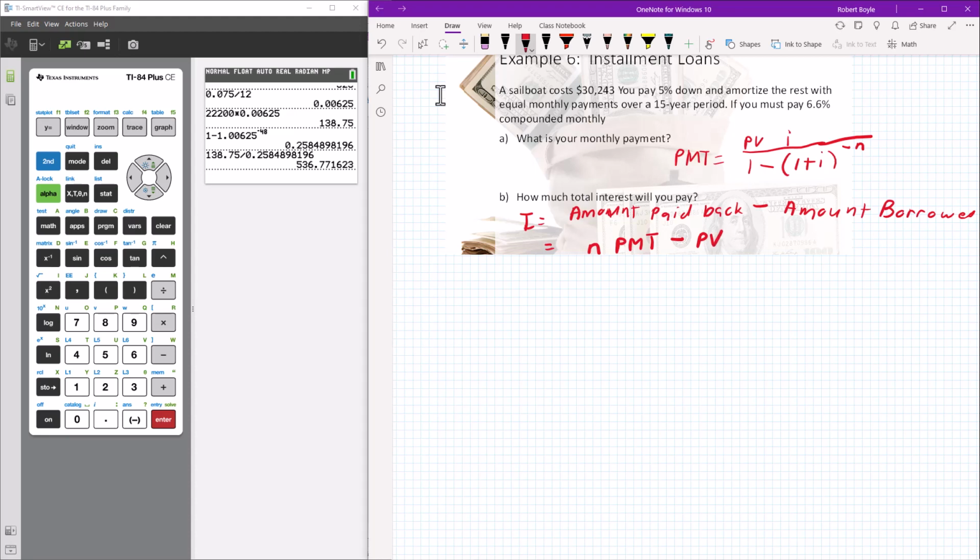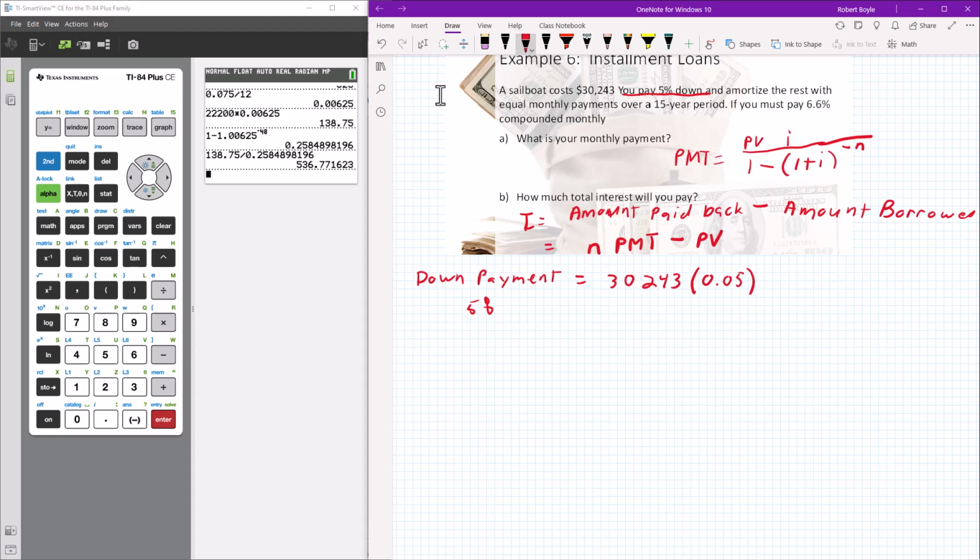All right, so before we can do A, we actually need to figure out what the present value of our loan is. And before we can do that, we need to know what our down payment was. How much did you actually pay up front? You made a 5% down payment. Therefore, that's going to be equal to the cost of the boat, which is $30,243, times 5% as a decimal, which would be 0.05.